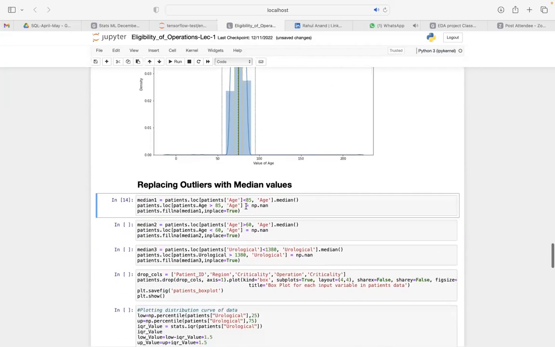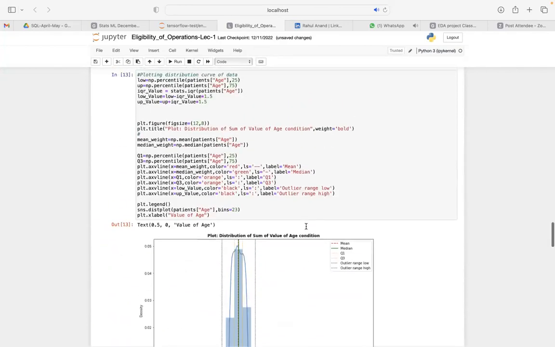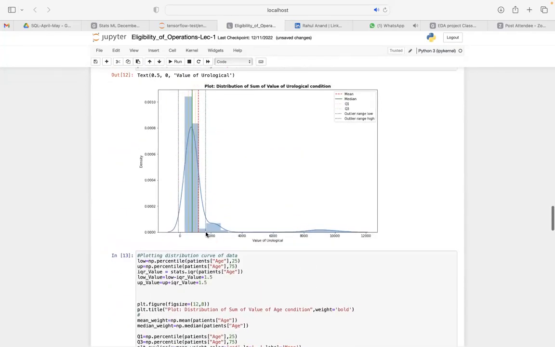So when you run this code, it will be replaced with the median value of that particular age. And in this case, when the value is less than 60, again it will be replaced with the median. For the urological condition, you can say that it is around 1380 or 1400.